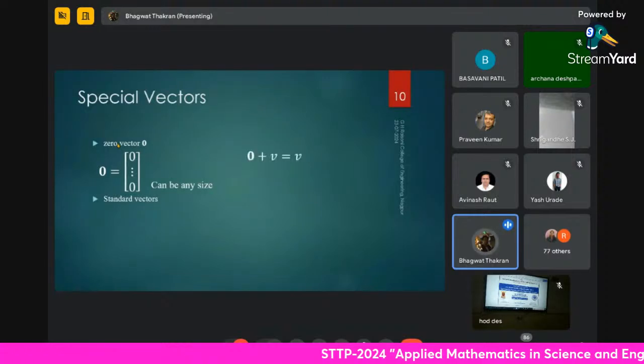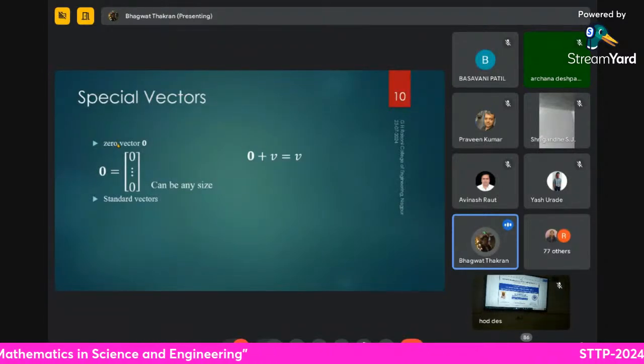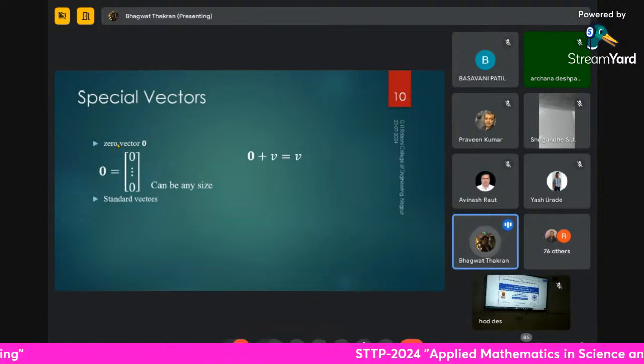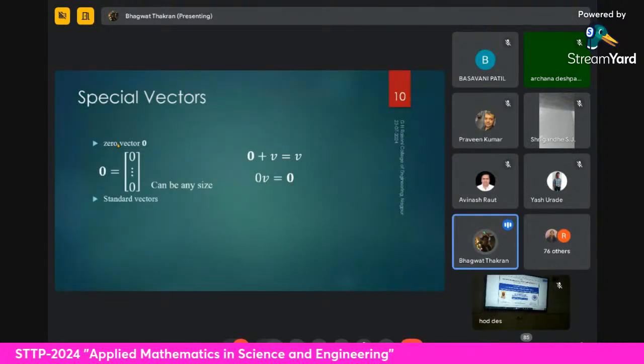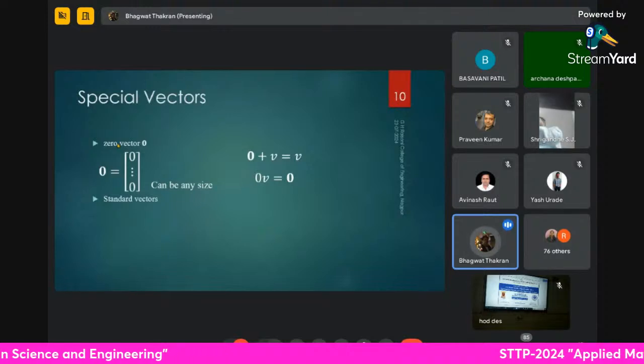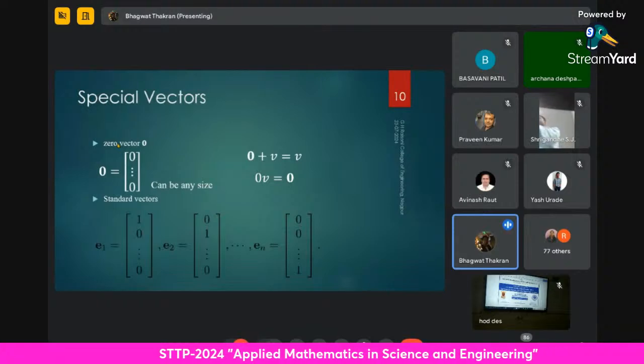The zero vector is the identity vector of any vector given in the vector space. So 0 plus v is always v. And if we take the multiplication of it, the result is always the zero vector. Based on these two properties, this zero vector is important.